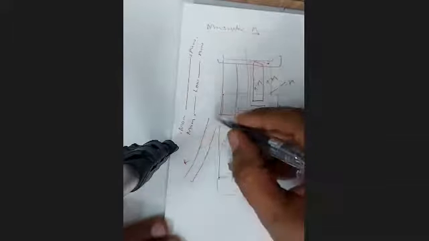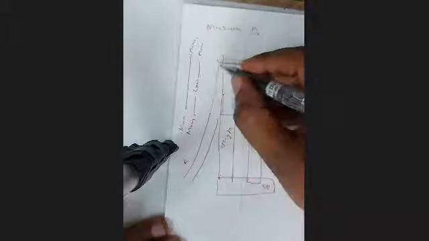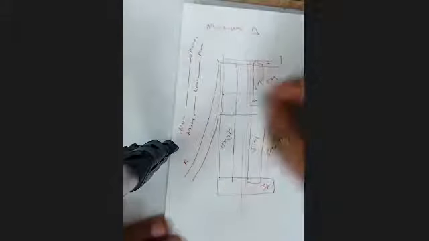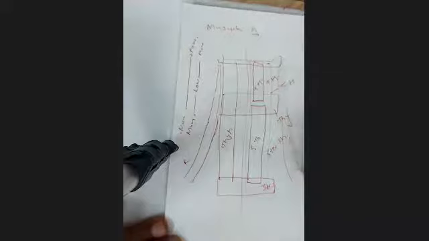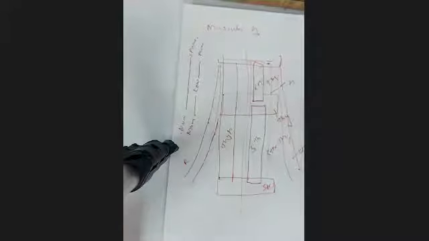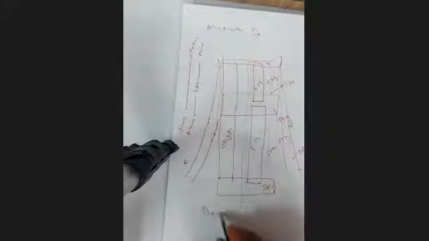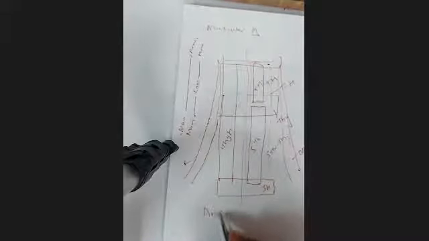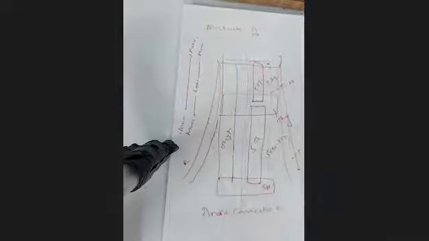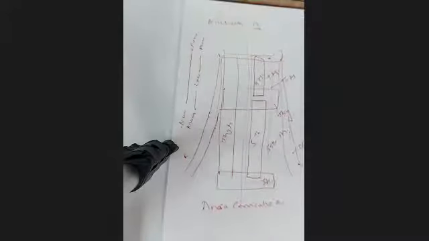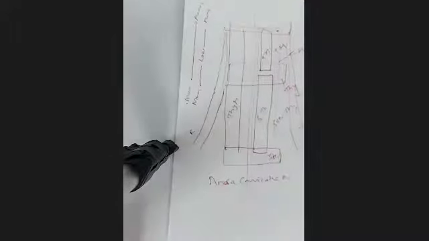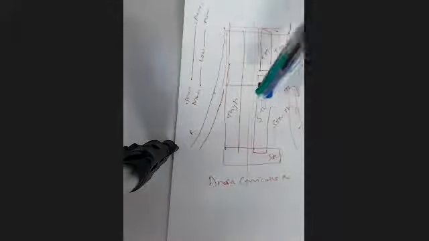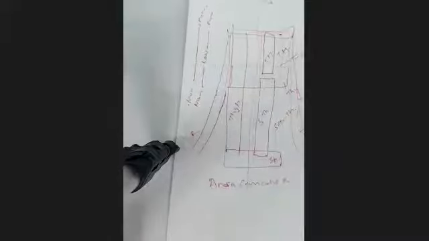Then there is the omohyoid muscle on both the sides. All these muscles are supplied by a nerve called the ansa cervicalis. This ansa cervicalis nerve is formed by C1, C2, and C3.